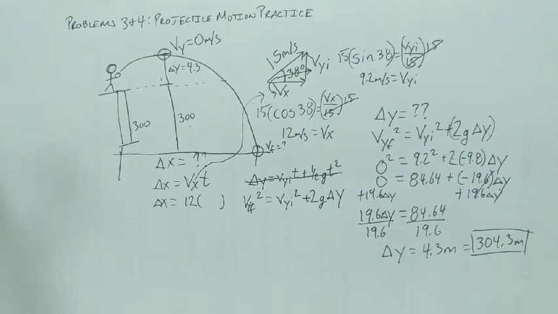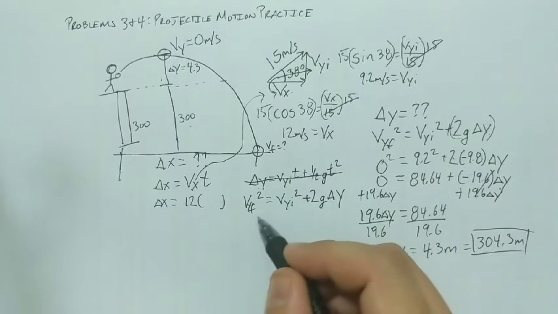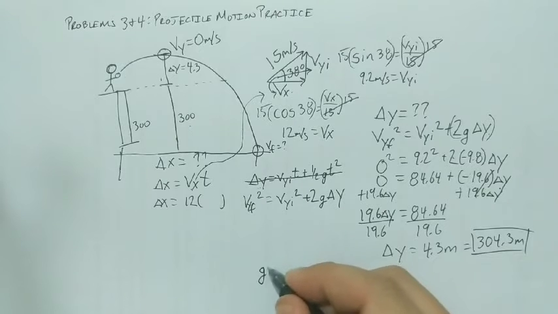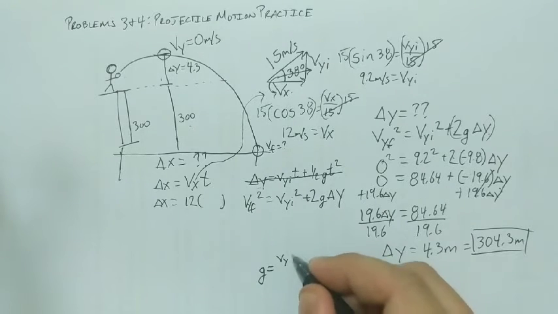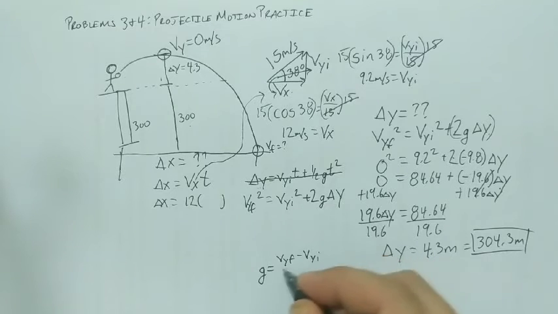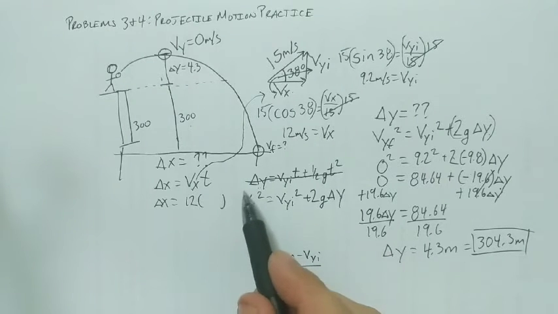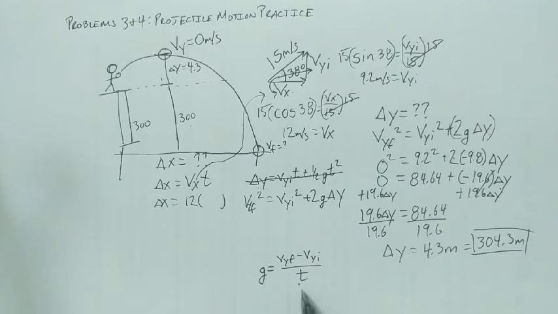And when I solve for this, I am choosing to do this because once I get Vyf, then I can find out my time by looking at my last equation that I will need. And that last equation is g equals Vyf minus Vyi over t. And I can solve for time and plug that in up here. So this is going to be part 1, solve this equation to get Vyf. Then part 2, solve this equation to get time.